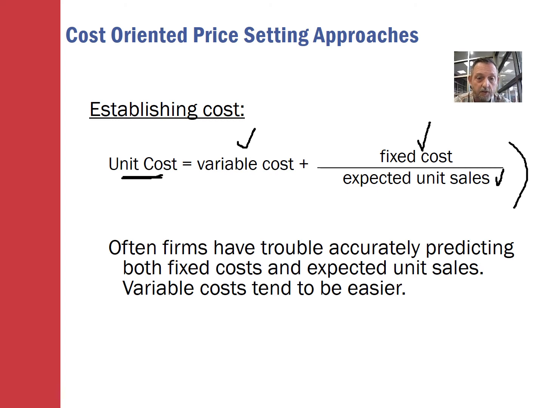So oftentimes firms have some difficulty estimating what those per unit fixed costs are. But anyway you come to it, we need to have this unit cost. We need to know what this is before we can do a cost-based pricing strategy.